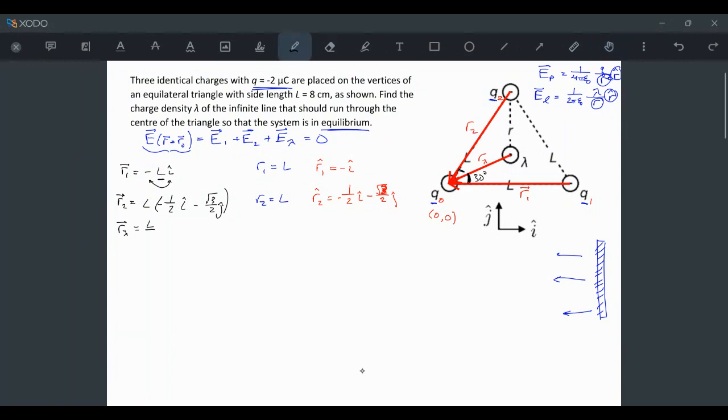And what we would find out if we did this painstakingly is the length of this is L over root 3. And because this is in the 30-degree direction, instead of 1/2 and root 3 over 2, we have root 3 over 2 and 1/2.